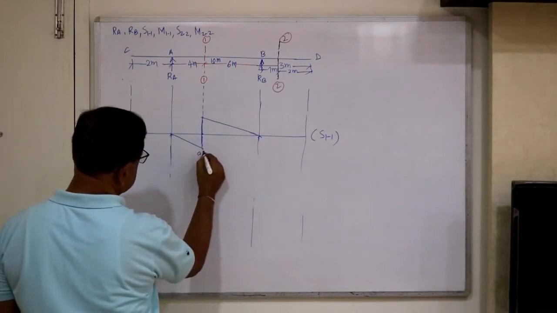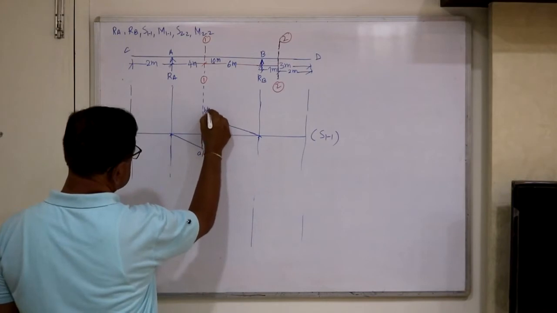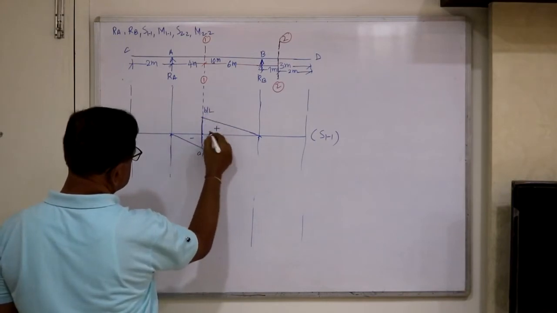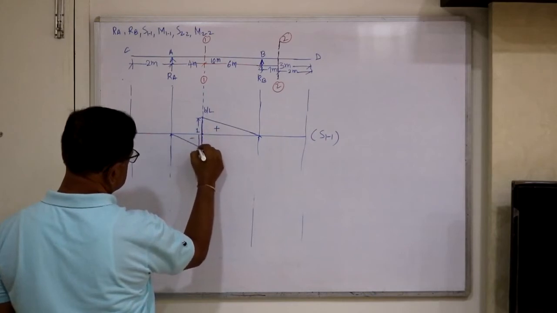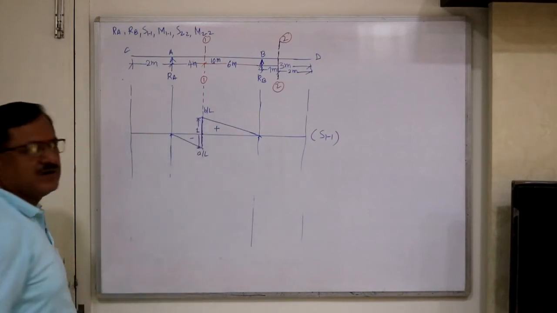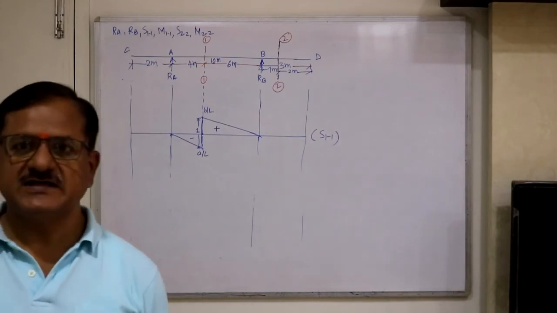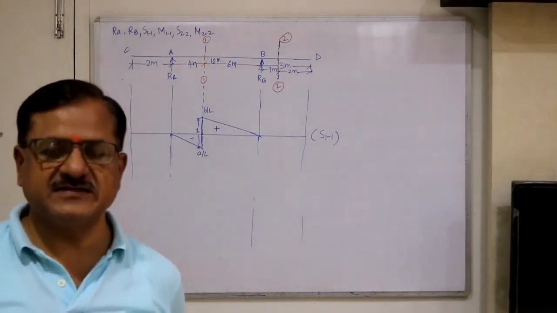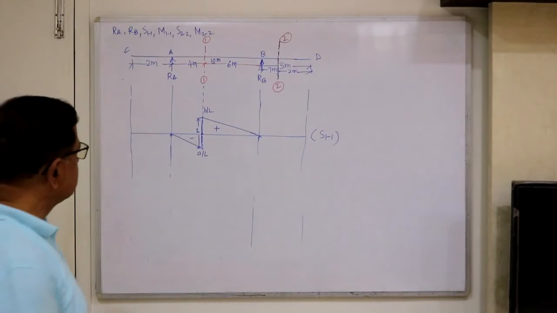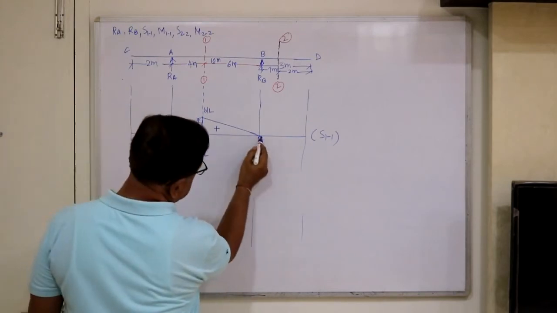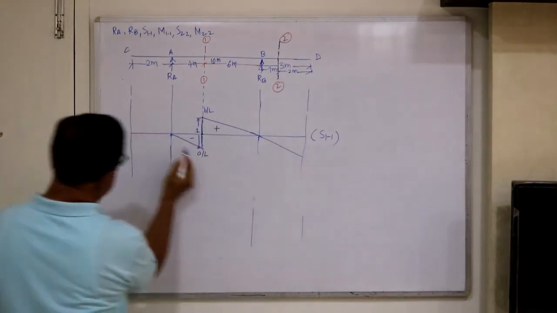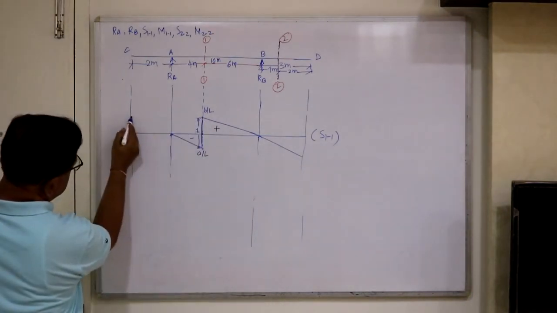Say this is A by L, this is B by L, this is minus, this is plus, and this is 1. So this is the ILD for a shear force at a section within a simply supported beam. But we have cut the bar here, it remains straight up to the free end. It also remains straight up to the free end.